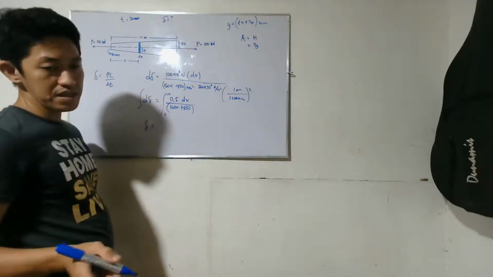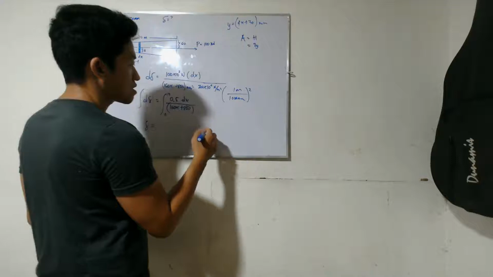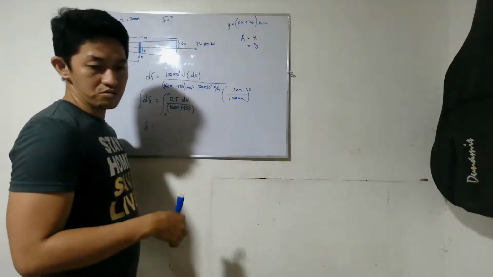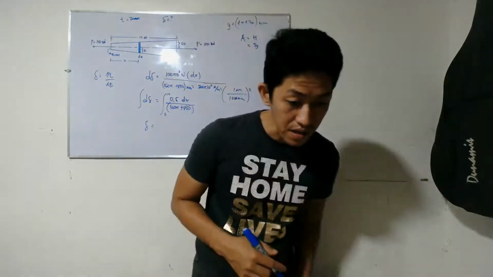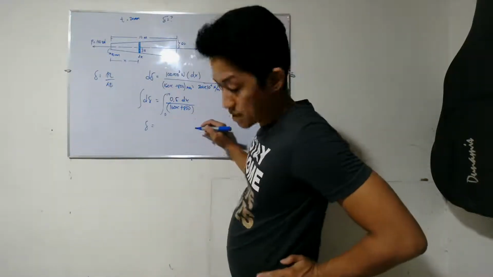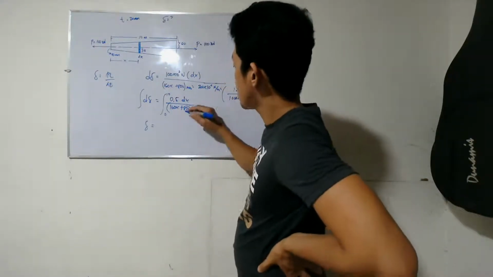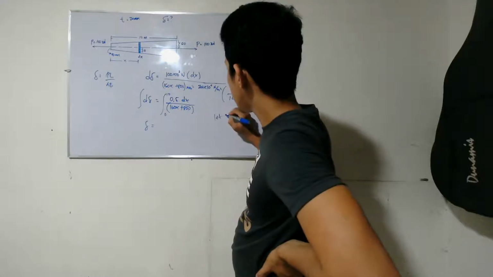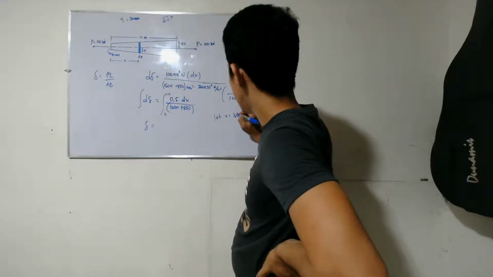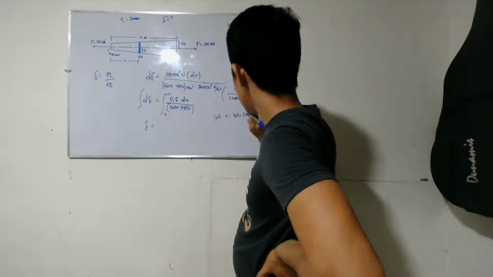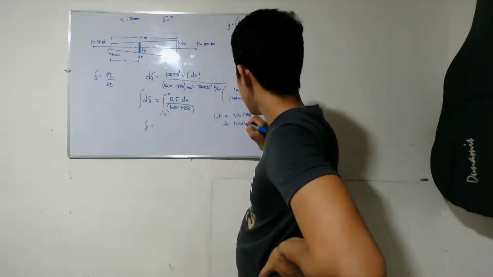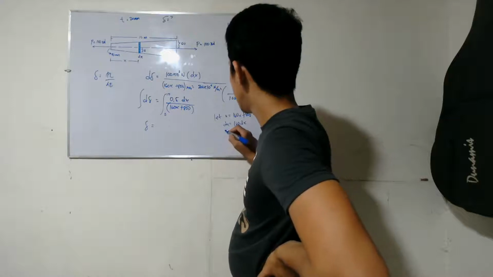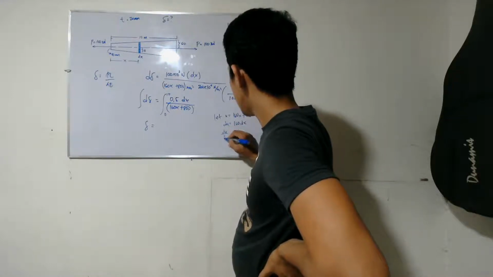The problem now is how to evaluate this. So recall your mathematics. Let u be 160x plus 800, so du is 160 dx, or du over 160.